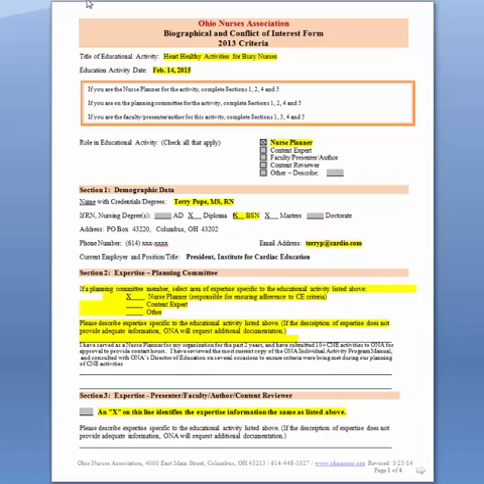Section 2 identifies the expertise of the different basic roles on the planning committee. The first we'll talk about is a nurse planner. What is their experience in regards to planning and evaluating continuing nursing education activities?